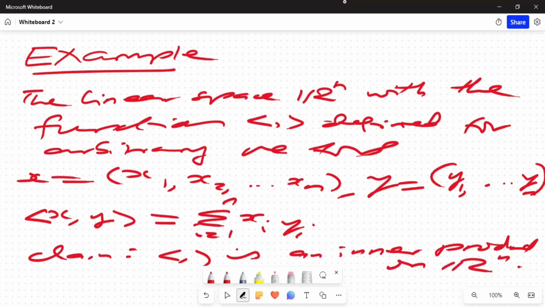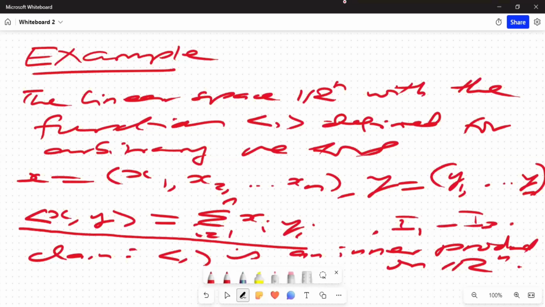Of course, our linear space is Rn. If this is going to be an inner product, it must satisfy I1 to I3. You must show that I1 to I3 are satisfied to say that this function so defined is an inner product.